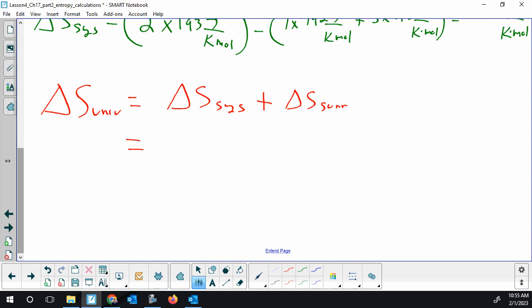We've already solved for the system. That was minus 199 joules per Kelvin, per mole of reactant.